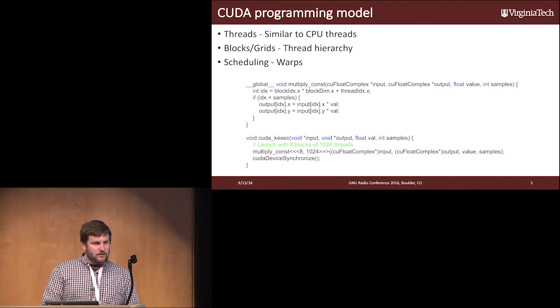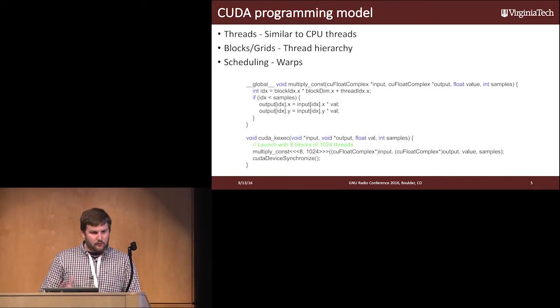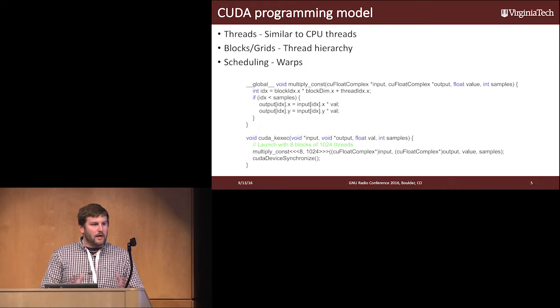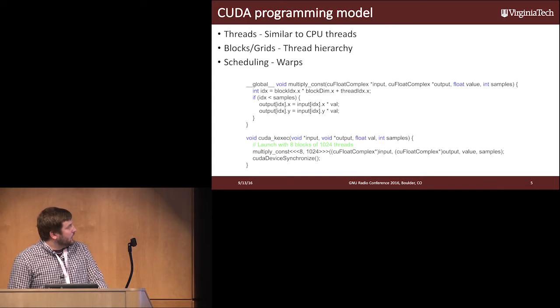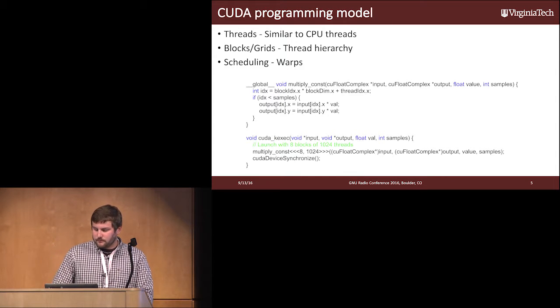If you have branching, like an if statement where every other thread does something different, only half of the GPU is working at any given time. So when you start scheduling things, you have to take these into consideration.